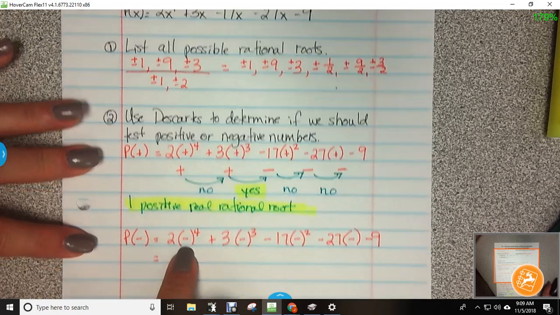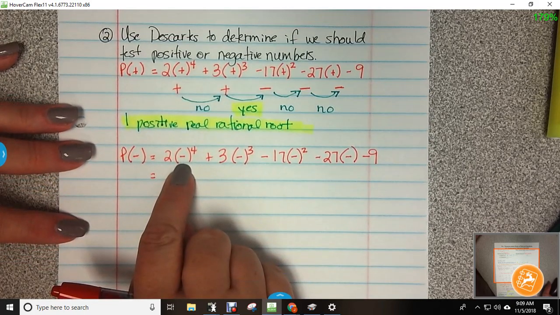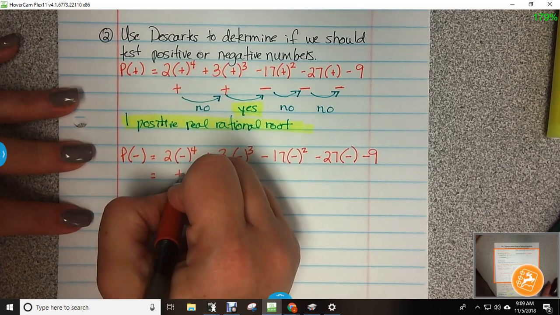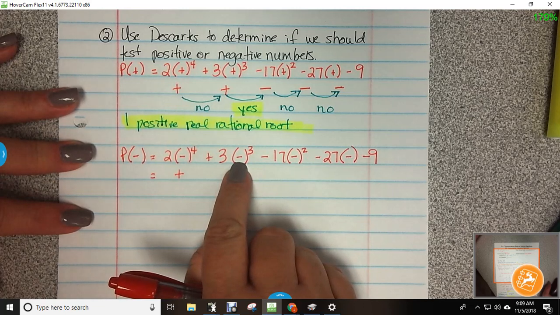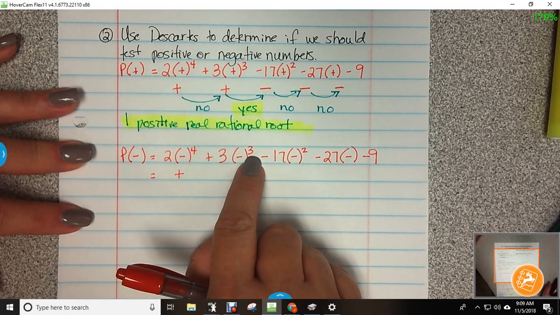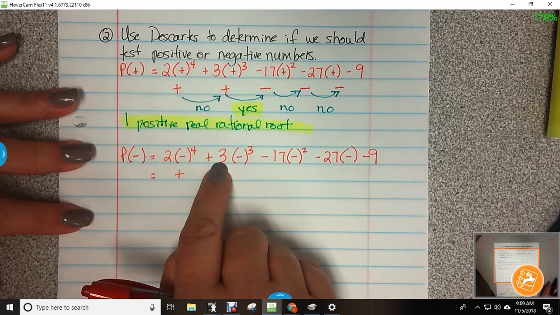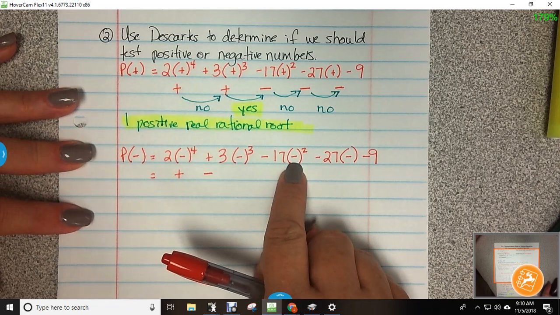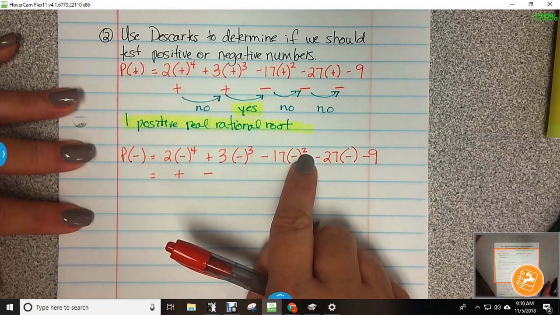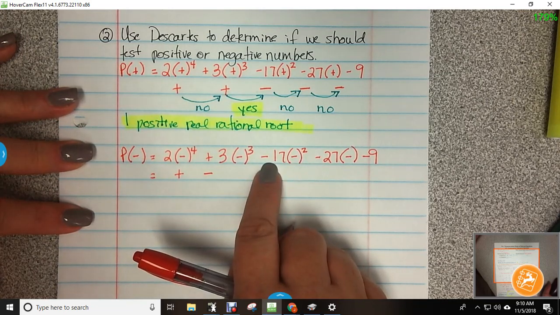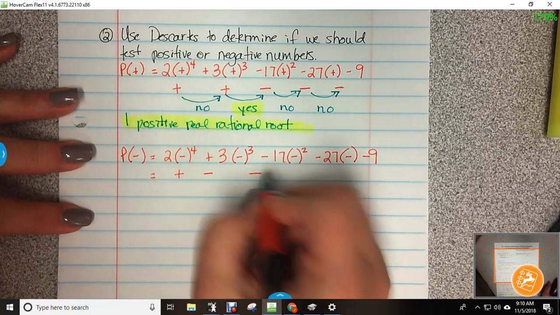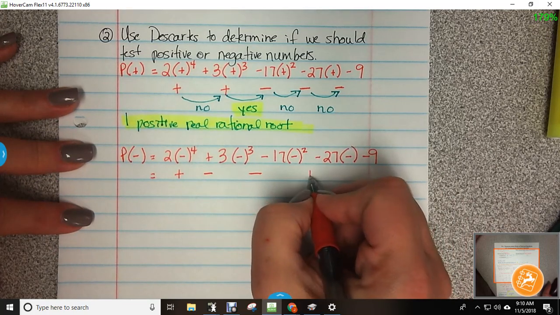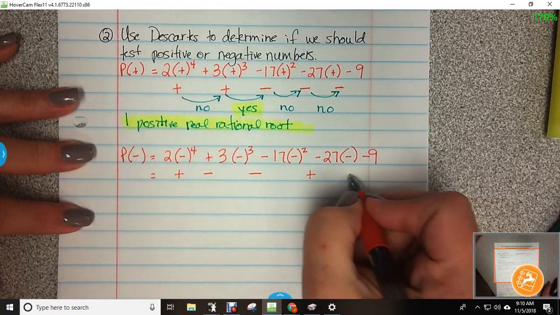So, a negative number to the 4th power is going to be positive, times 2 is positive. A negative number to the 3rd power is going to be negative, times 3 will still be negative. A negative number squared is positive, times negative 17 is going to be negative. A negative number times a negative number gives me a positive number, and this is negative 9.